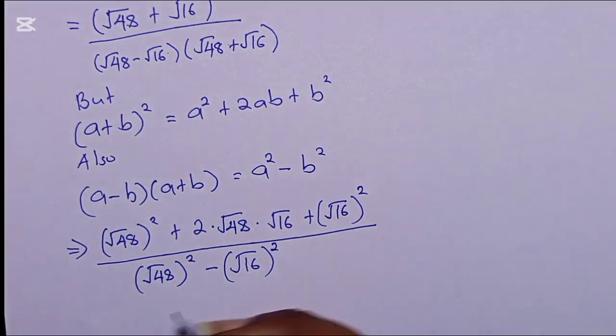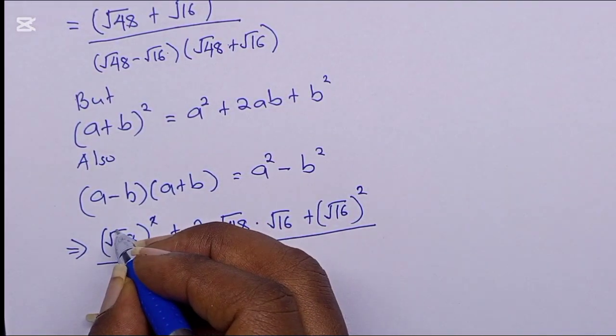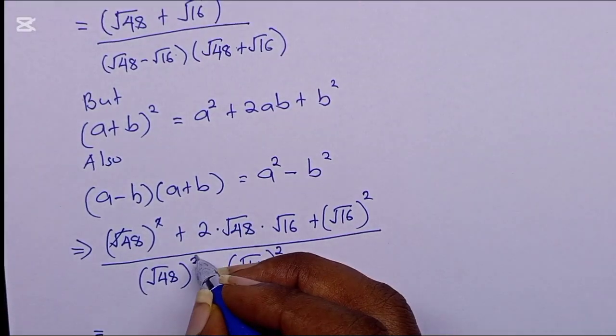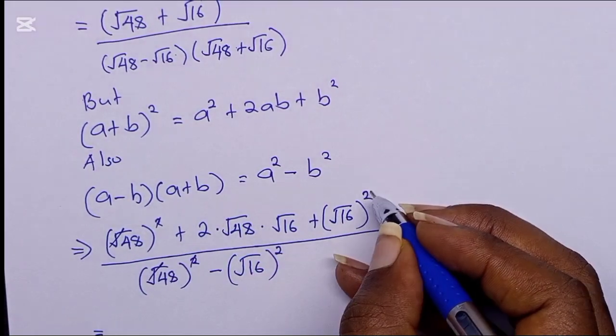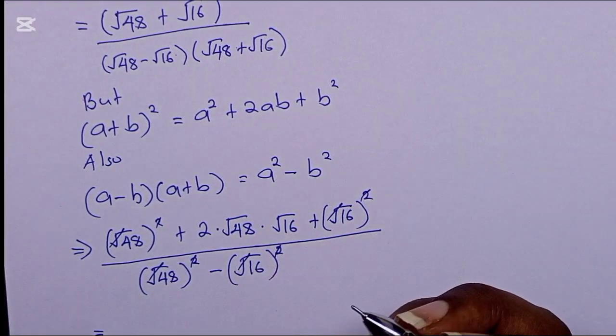So this square cancels with a root, this square cancels with a root, also this square cancels with this root, and this cancels with this root here.